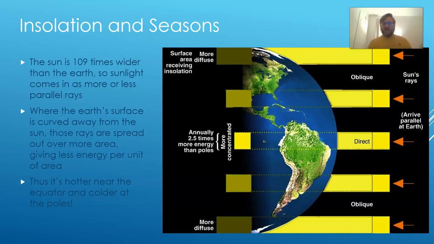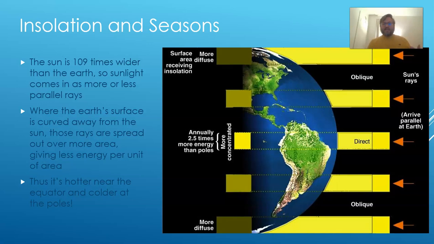The surface of the Earth, though, is curved, and it curves away from the sun at either end. So you can see here on this diagram, they've got it set up so the rays hitting the equator are hitting it kind of straight on, and then the Earth curves away from the sun towards the poles.